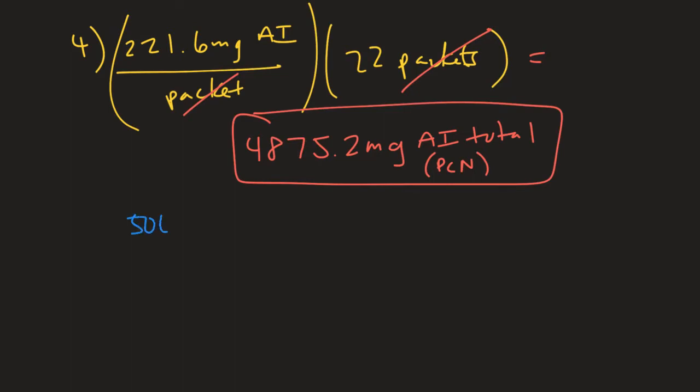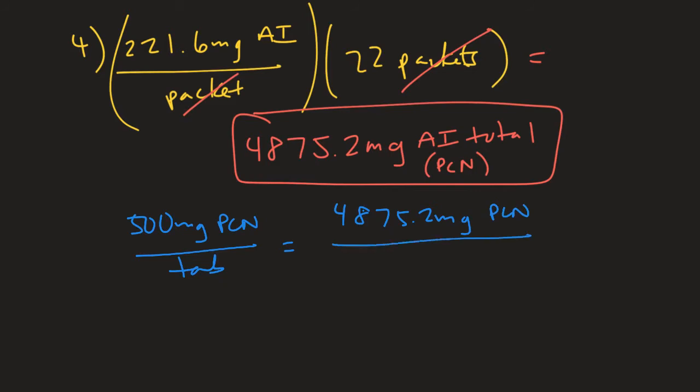So let's see, 500 milligrams penicillin per tablet, and we know we need a total of 4,875.2 milligrams of penicillin divided by the ratio X. I set it up this way so you get milligrams of penicillin on top, and then for the ratio, tablets on the bottom. So solving for X gives you 4,875.2 divided by 500.